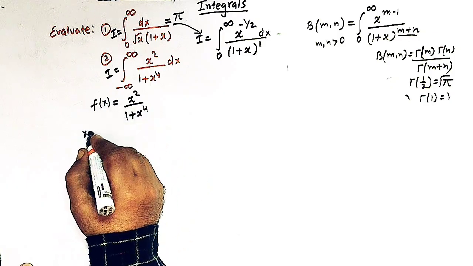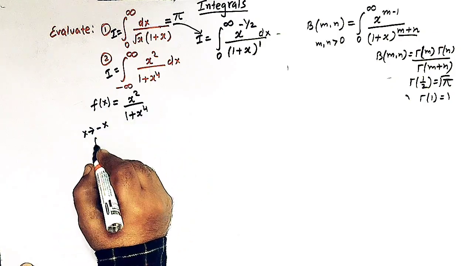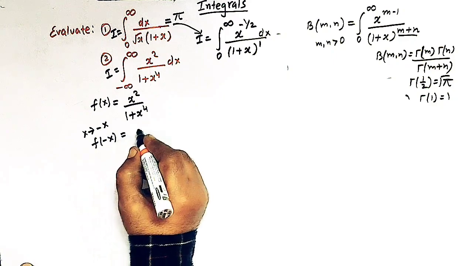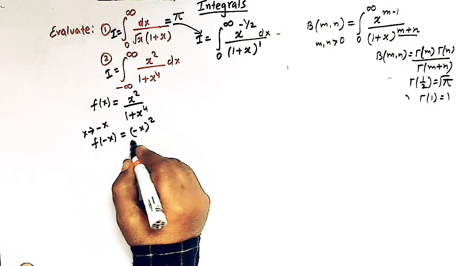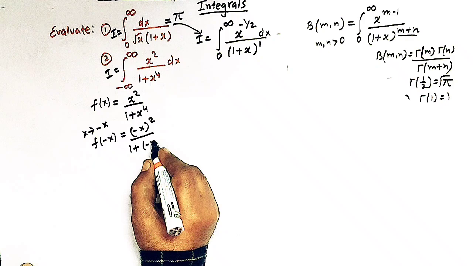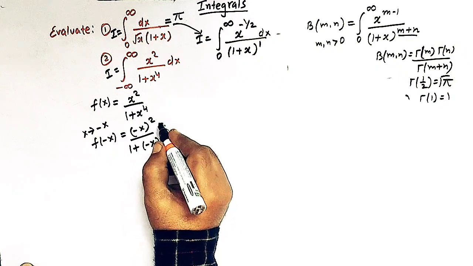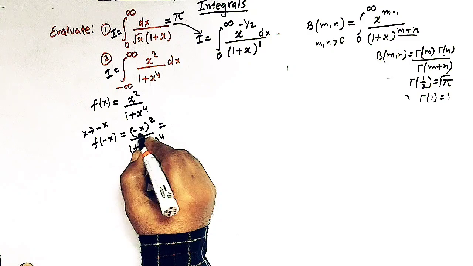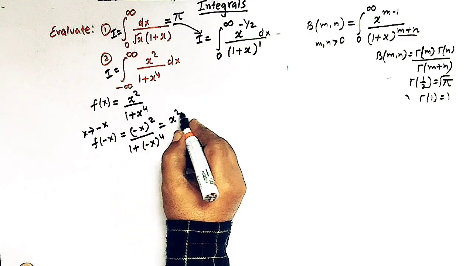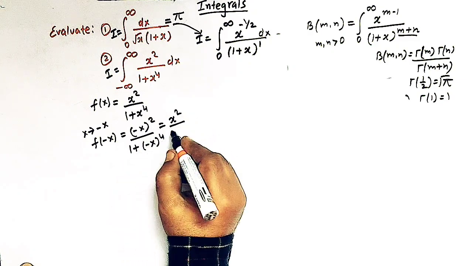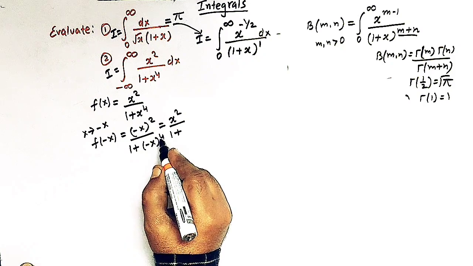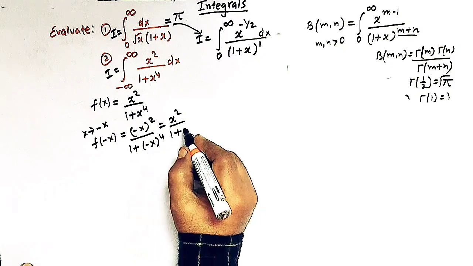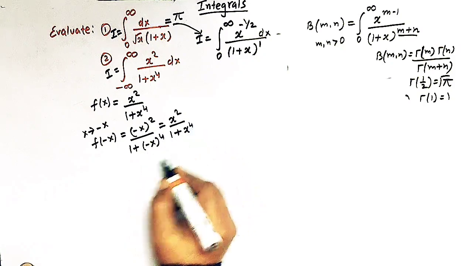Now if we replace x by minus x, then we have f of minus x is minus x square over 1 plus minus x raised to 4. Now since 2 and 4 are even numbers, here minus x square is simply positive x square, and the fourth power of minus x is simply x raised to 4.